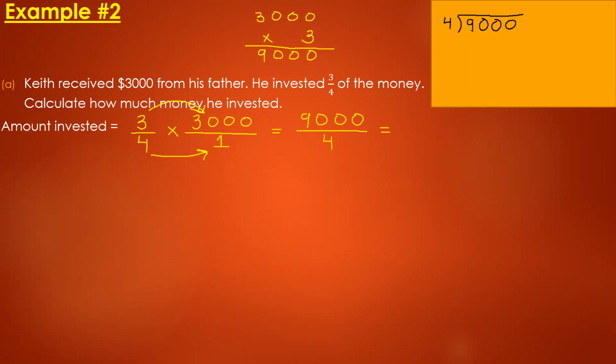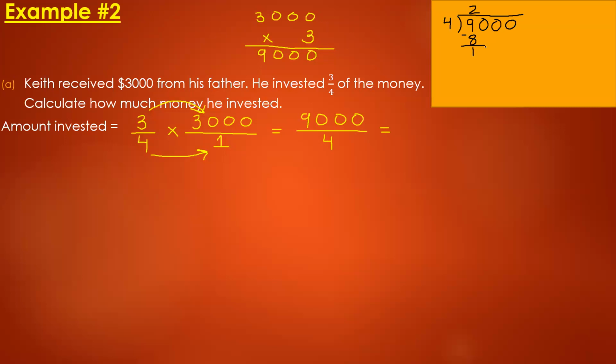All right, how many times does 4 go into 9? Twice. Yeah, let's do that. 9 minus 8 is 1. What do we do at this point?